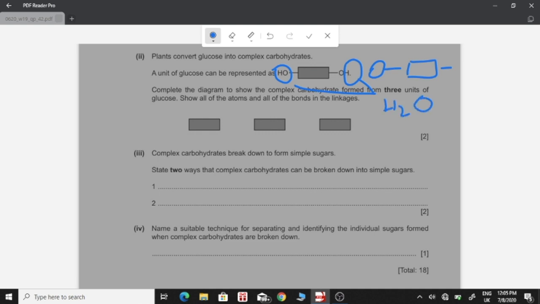So we have, let's suppose, O from here. Alright, oxygen from the right hand side is left in all 3 of these monomers. That's it.